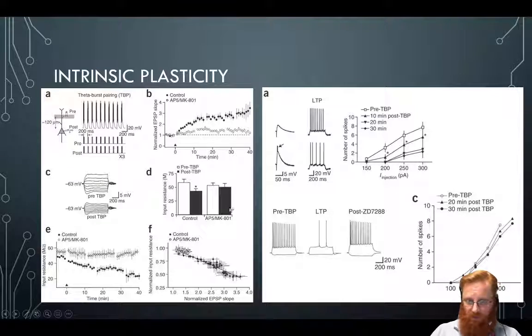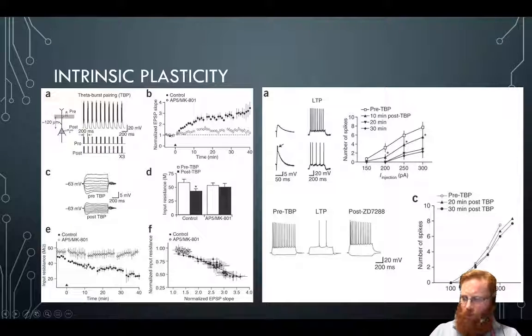And here we see the input resistance before and after the theta burst pairing. You can see it's dropped from about 60 megaohms, there's bad units there, down to sort of 40 megaohms, right? While when they put on the AP5, that doesn't happen. And here you can actually see the input resistance dropping over time.